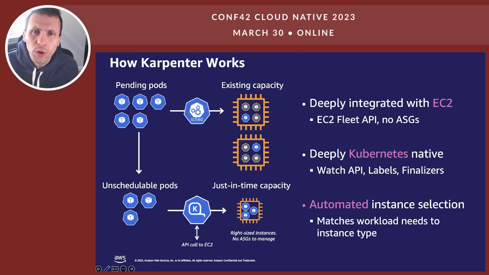Karpenter also works really, really well with Spot. If you configure a specific provisioner, and we're going to talk in a moment about what a provisioner is, and your provisioner has support for Spot, and you can mix and match Spot and on-demand, you can have both supported.